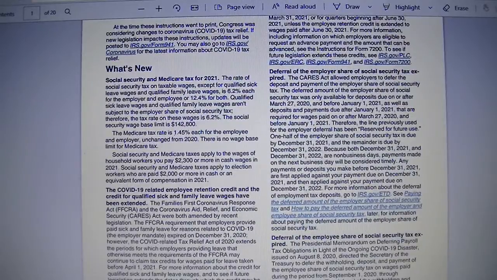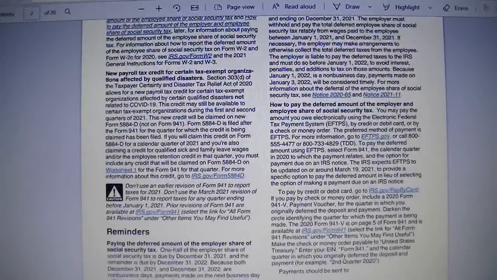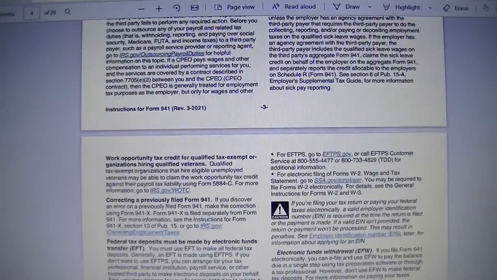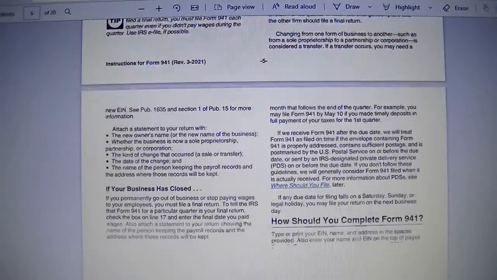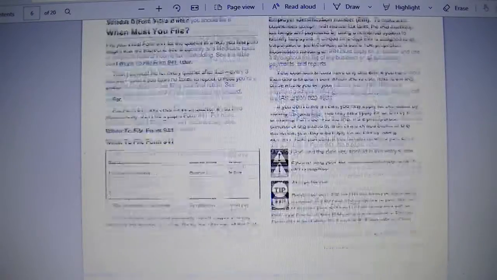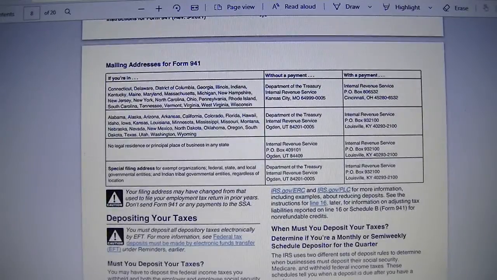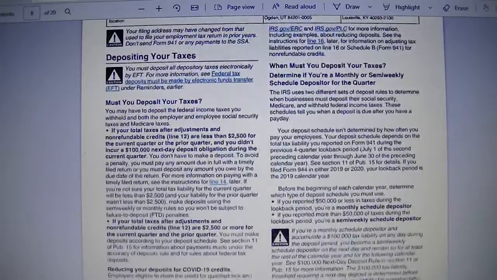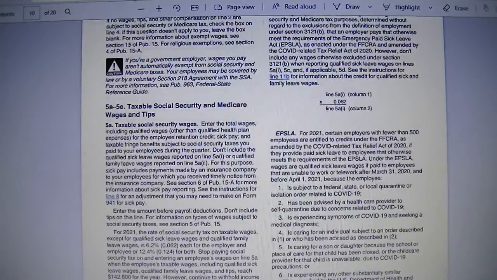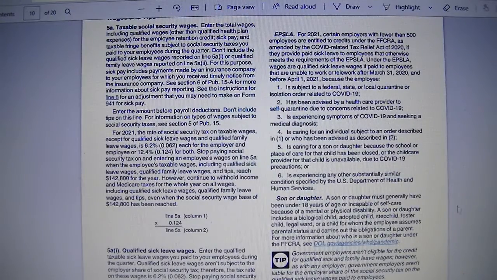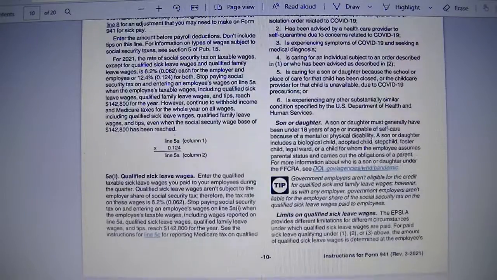So let's go to probably page 8 or 7. Okay, we need to go past that. Sorry about that. The limit is 142,800.